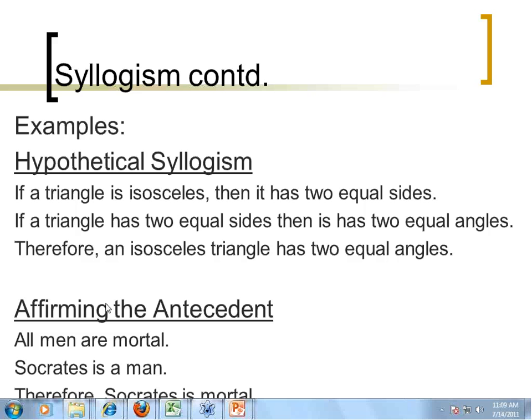Now, if we use the rules that were proven before we were born, along with these sets of arguments, we end up with a syllogism where the two premises come to a conclusion that an isosceles triangle has two equal angles. Because if a triangle is isosceles, then it has two equal sides. And if a triangle has two equal sides, then it has two equal angles. All right? Any question on the hypothetical syllogism?